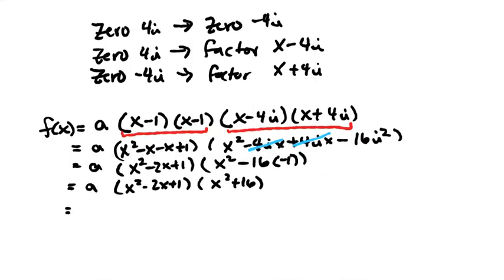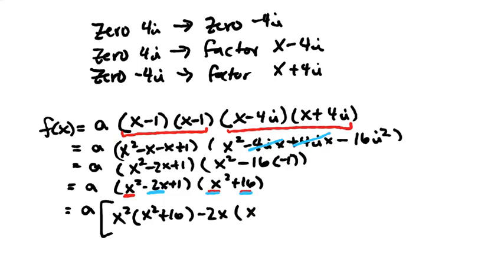And then we'll multiply these two expressions together. So I multiply x squared times both of these terms, that will give x squared times x squared plus 16. And then I'll multiply minus 2x times both of these terms, minus 2x times x squared plus 16.